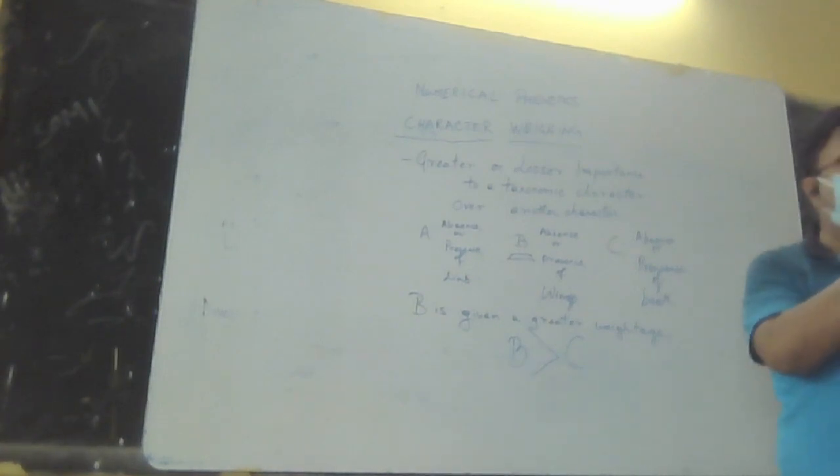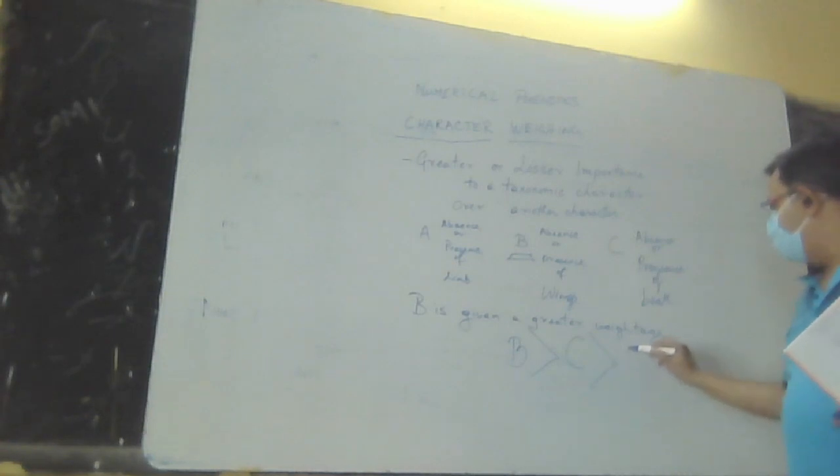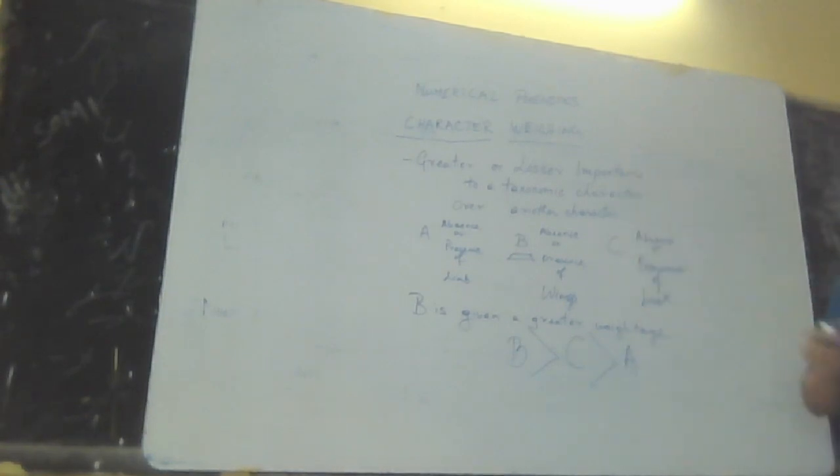A duck has a different type of beak. Their feeding habit is indicated by the beak. But the first thing is it should be able to fly, whether the wings are present or not. Next character, by your experience, is beak. And lastly, A. So this sort of mechanism which you do is known as character weighing.